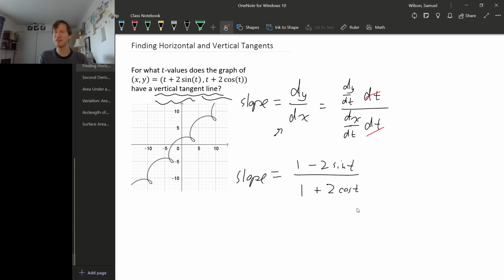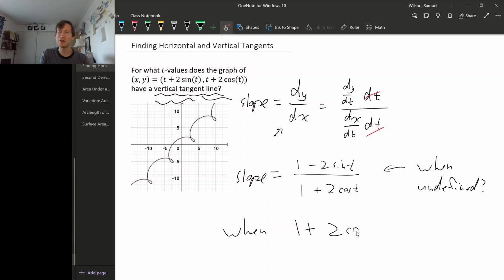If this slope ever gave us a number, it's not talking about a vertical line. So we want to know, when is this undefined? Well, it's undefined when the denominator is 0. So when 1 plus 2 cosine t equals 0. And this is an equation we can solve.